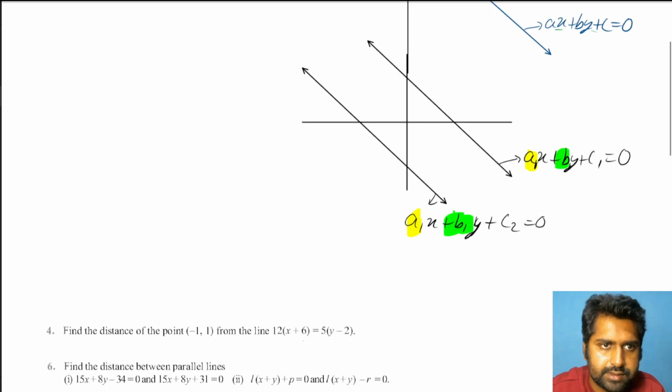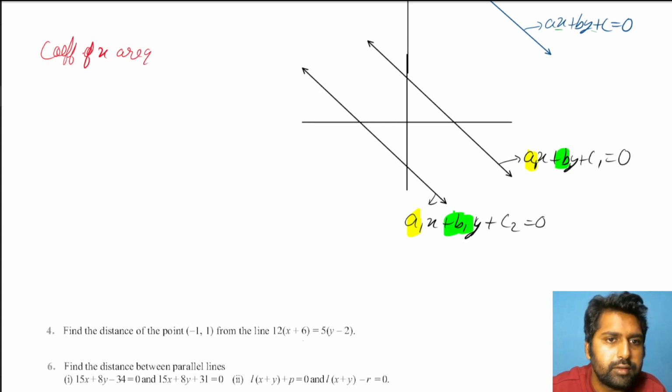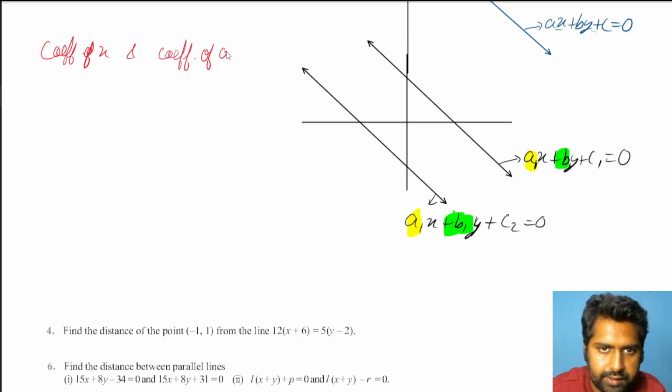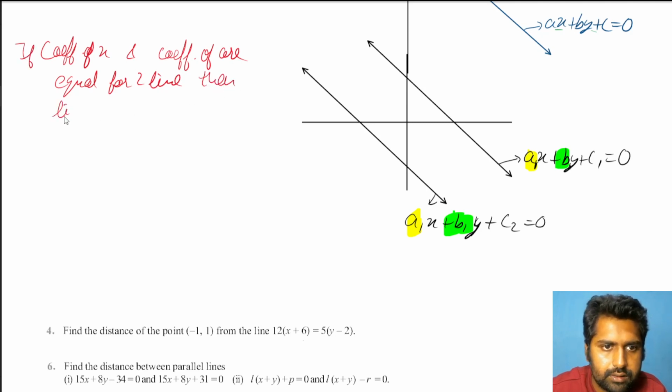So I'll give this as a concept: if the coefficient of x and the coefficient of y are equal for two lines, then the lines are parallel.